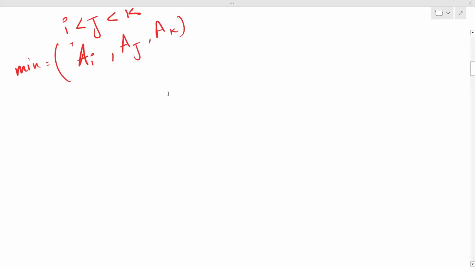Since the number of ways to select i, j, and k such that this holds is that we can select any 3 indices out of n indices, making sure we don't select an index twice. So the total number of ways for doing that is nC3.